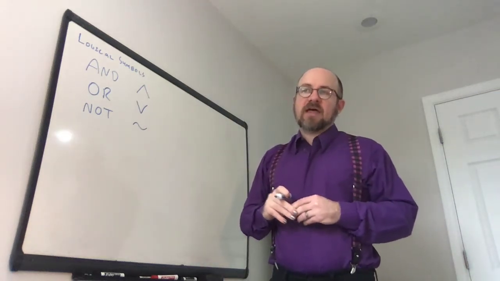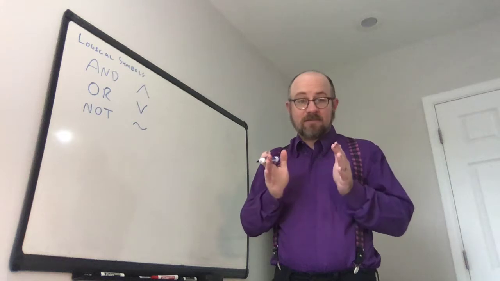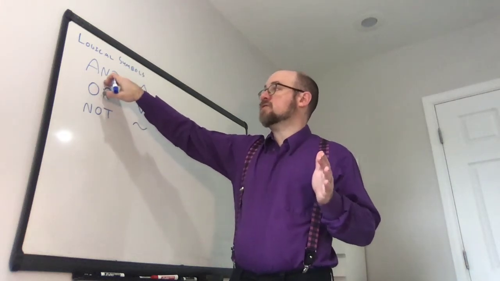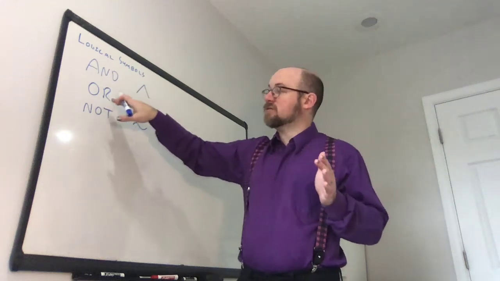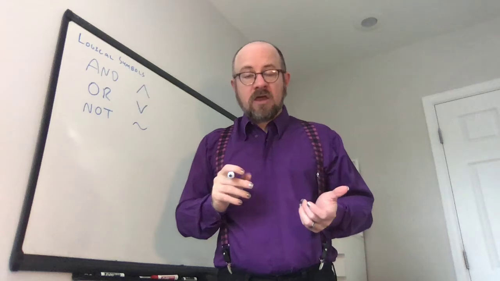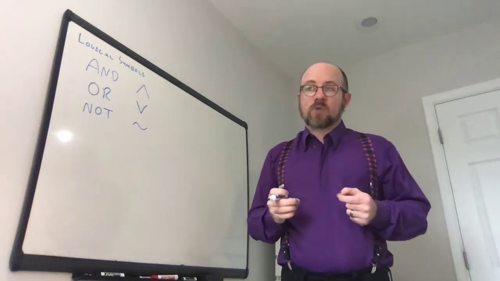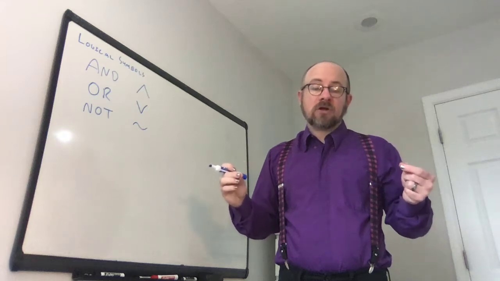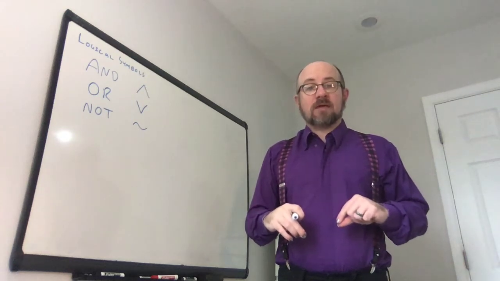In order to write things down concisely, which is the whole point, we use this symbol because it's shorter than writing and, and this symbol because it's shorter than writing or. We're going to do the same thing with our logical statements. Just like in algebra, where we represented a number by a letter, we'll do the same with logical statements.